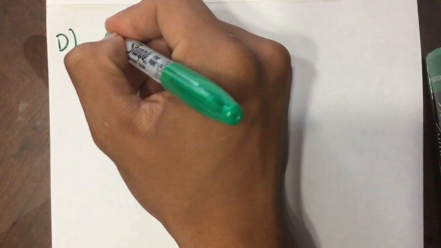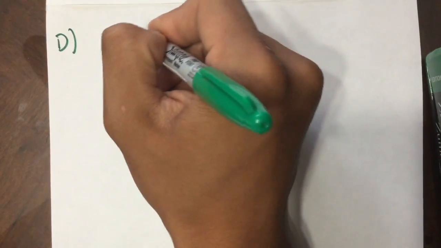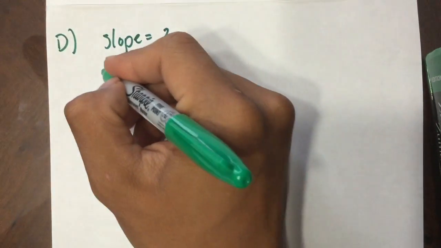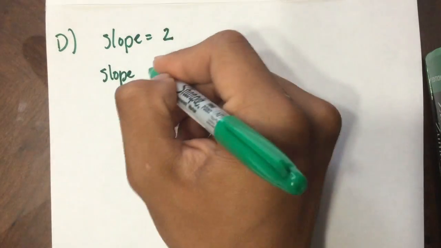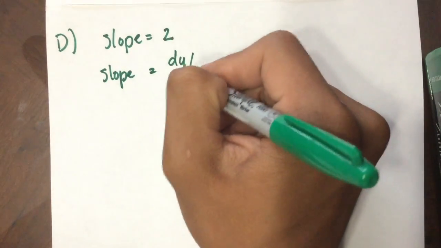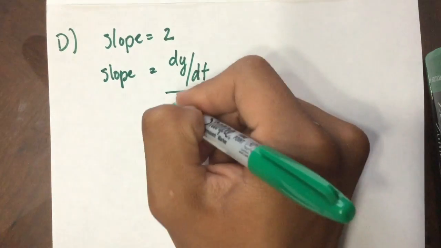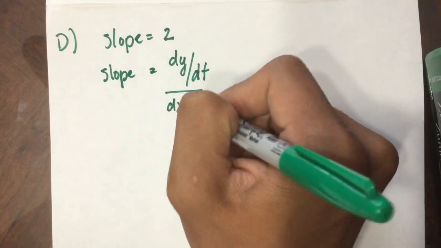Part D. For t greater than 0, there is a point on the curve where the line tangent to the curve has slope 2. At what time t is the object at this point? Find the acceleration vector at this point. Okay, so we know that the slope is equal to 2. We also know that slope is equal to dy/dt over dx/dt.